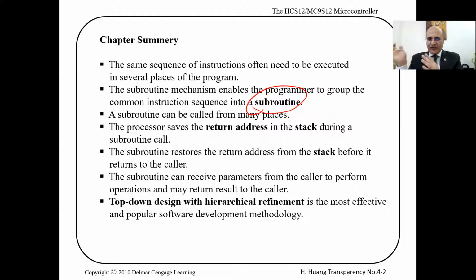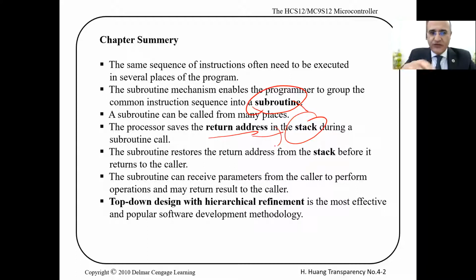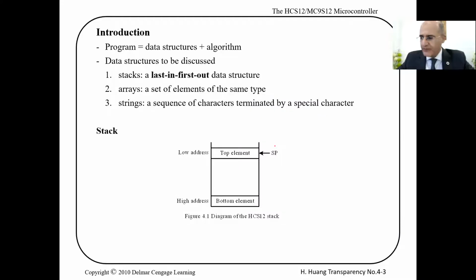It's like calling a function in C. So we'll talk about how to call, how to return, and how the stack is used by these subroutines. But before that, we need to understand what the stack is. Then the second part of the chapter is about interfacing through I/O pins.